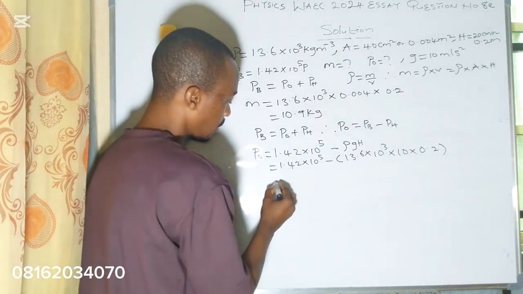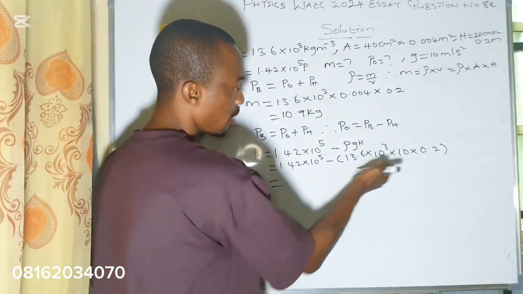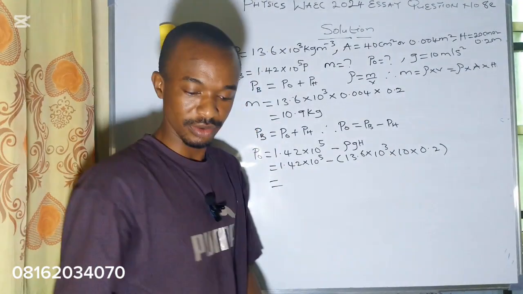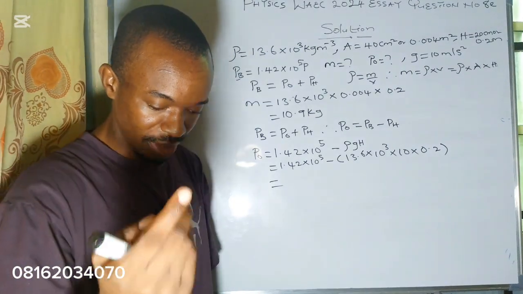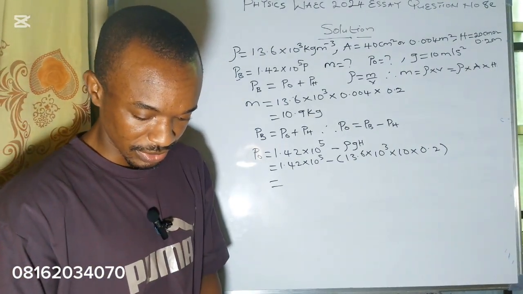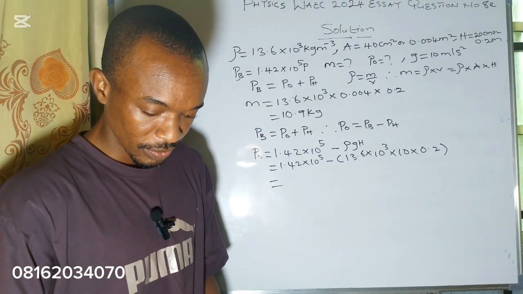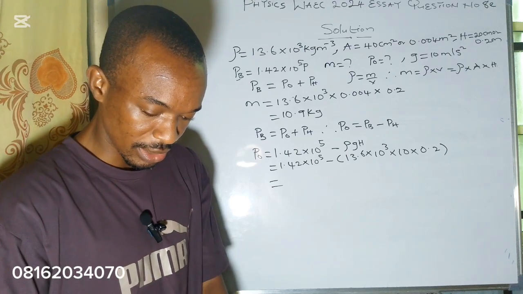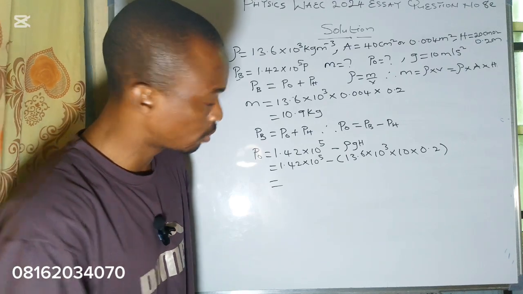If you work on this, you're going to have a value. I don't have a calculator, so I have to source this from somewhere else. What I got here is about 27,200.